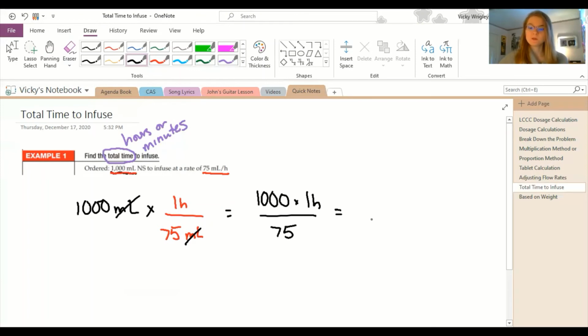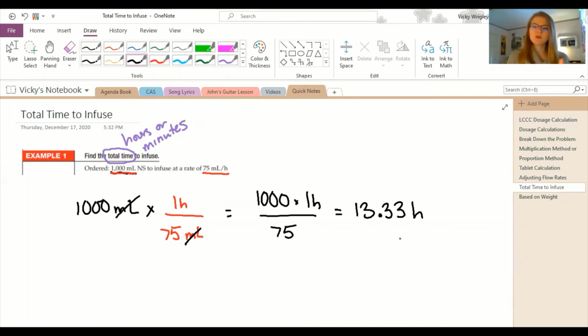And if you do this multiplication and division, you will end up with 13.33 hours. This would be your final answer. You found the total amount of time it would take to infuse 1,000 milliliters at a rate of 75 milliliters per hour. However, it might be better if, rather than leaving this in decimal form, we write this as hours and some amount of minutes.